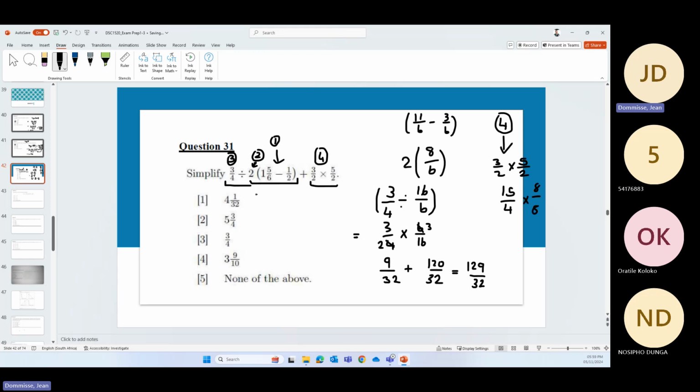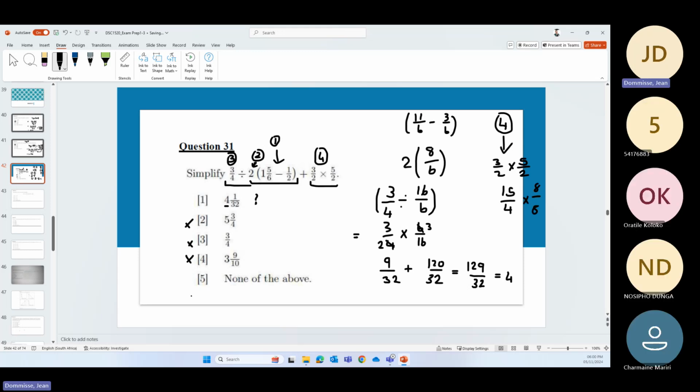Okay, so now I'm looking at the options, 9/10, 3/4, 3/4, 1/32. So that looks like maybe a possibility. But let's say 129 divided by 32. That gives us 4 comma something. So at least we know our first number is 4. That's not right, that's not right, that's not right. That we know is not part of the option set anymore, but let's just find out how much is left.